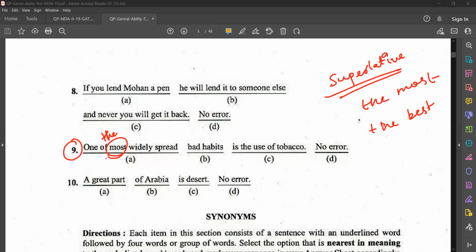So, one of the most widely spread bad habits is the use of tobacco, not "one of most". It should be "one of the most". With superlative degree, you have to use "the" in the front. So the wrong part is part A.